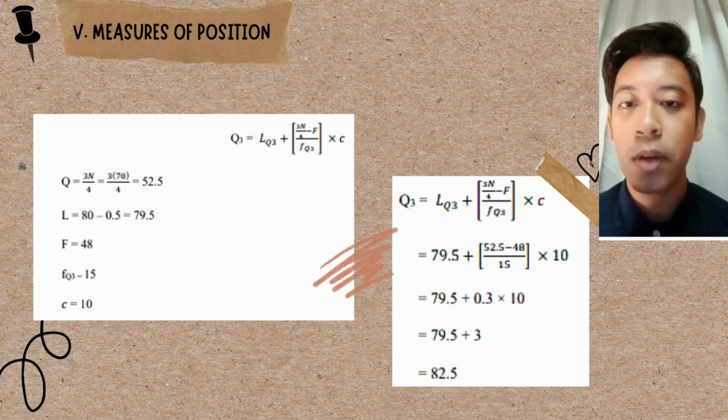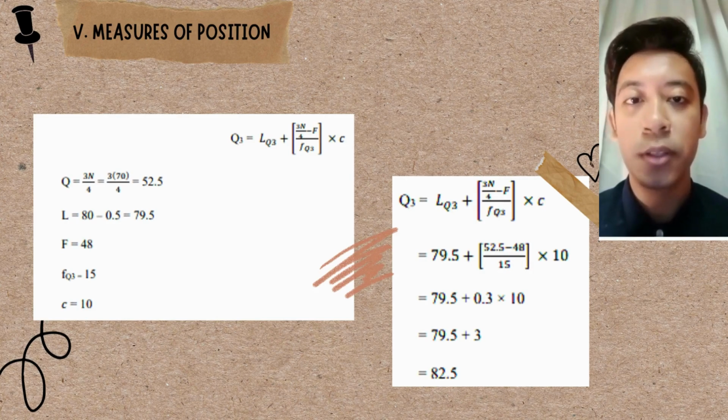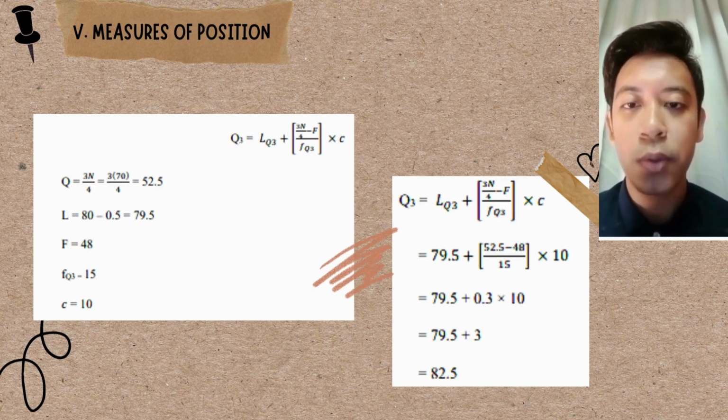Besides, to find the value of Q1 and Q3, Q1 is 39.5 plus in brackets 17.5 minus 12 divided by 12, multiplied by 10, equals 43.25.